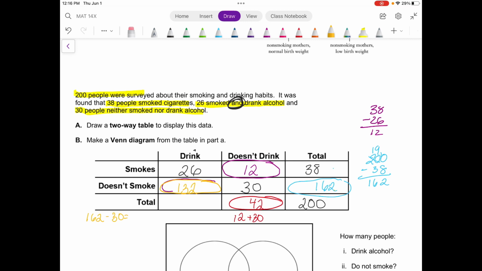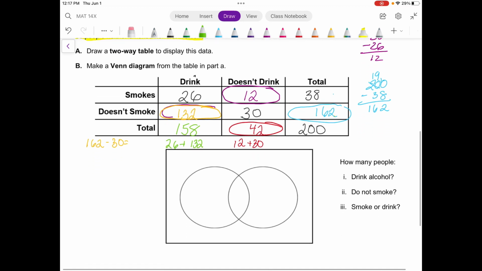If I add my column again, 26 plus 132, I would get 158. And I can double check: 158 plus 42, yep, that adds to 200. Check, my two-way table is good. So you have to take the information we're given, just like with Venn diagrams, and break apart what it's telling you, then use some basic adding and subtracting to fill in the rest of the holes.